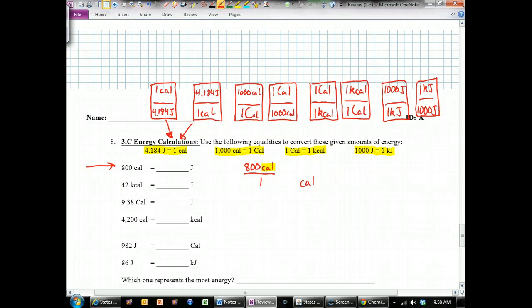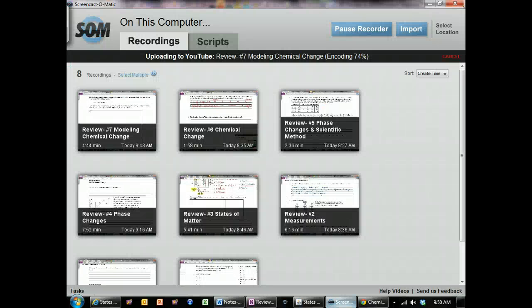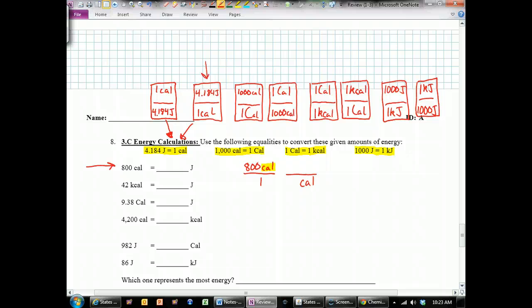So calories. This is small calories. We have several possibilities that have small calories on bottom. The 2 that have little calories on bottom are right there.